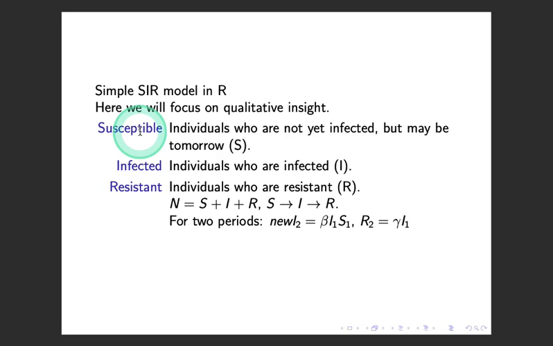Here there's a susceptible compartment, then an infected compartment, and then a resistant compartment. And these three make up the entire population, so N is equal to S plus I plus R, and initially the infecteds will be very low. People move from being susceptible to getting infected and then resistant.